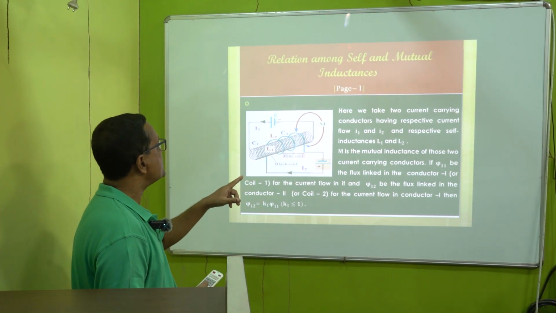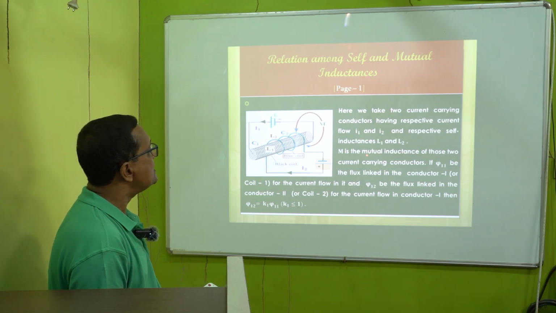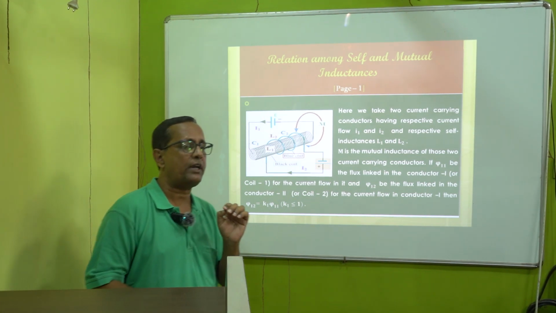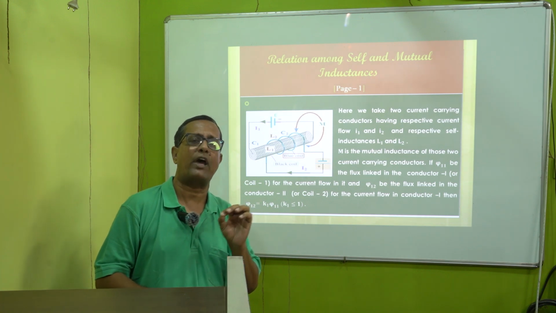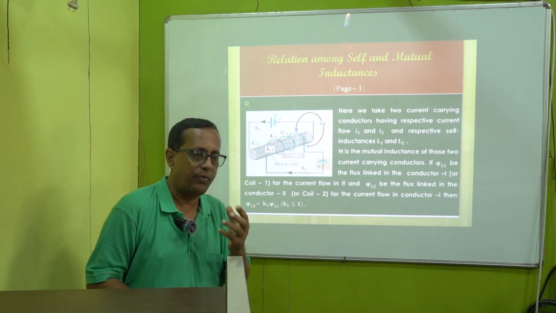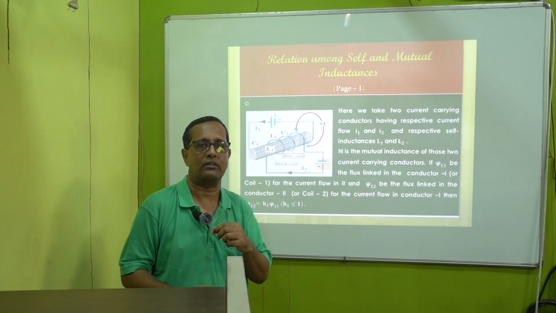Then it is obvious that phi 12 is less than or equal to phi 11. In a particular case, phi 12 may be equal to phi 11, and that is called ideal coupling. But in general, phi 12 is less than phi 11.